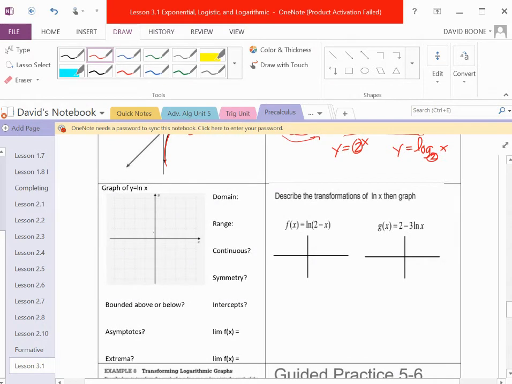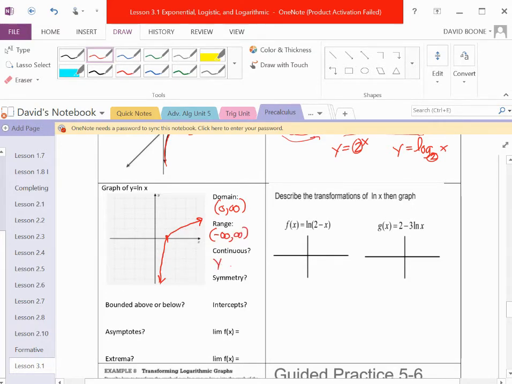A logarithmic graph will cross here at 1, come up, and it'll go like this. All right. So generally, the domain of this is really just what the range was of an exponential. So the domain here is from 0 to infinity. The range is the same as what the domain was for an exponential, so it's negative infinity to infinity.